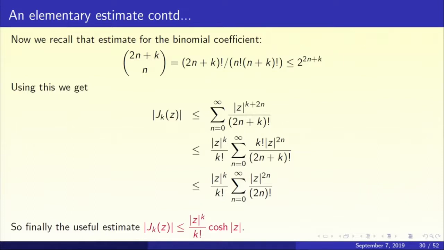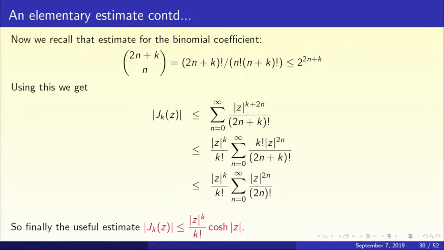Take out the mod z to the power k outside the summation and divide and multiply by k factorial. So we get mod J_k(z) less than or equal to mod z to the power k upon k factorial into the summation of k factorial upon (2n plus k) factorial into mod z to the power 2n.